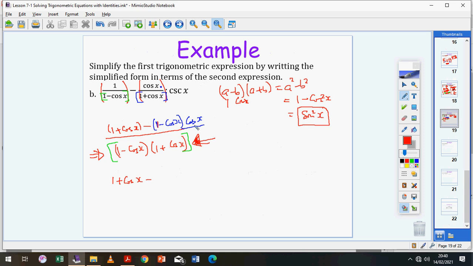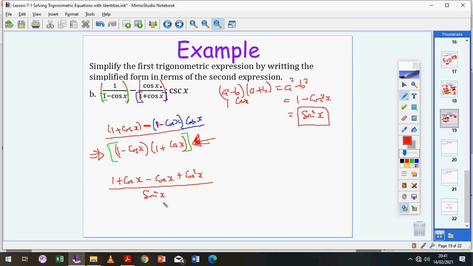So simplifying the numerator, I'll have 1 plus cosine x minus this 1 times this cosine x, which is negative cosine x, and this negative cosine x times cosine is negative cosine squared x, but because of this negative over here, it becomes positive cosine squared x, divided by, wait, am I right? Negative cos plus, yeah, right. So I replace the whole denominator with sine squared of x.